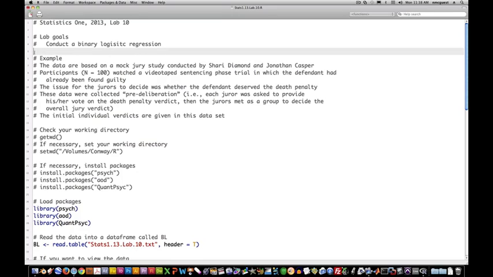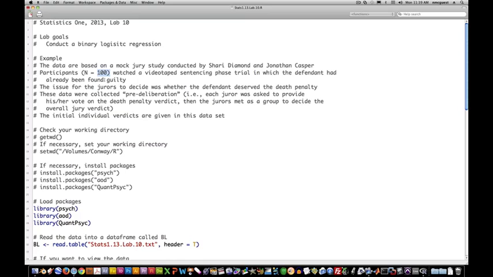The example we're going to deal with is based on some real research done by a former colleague of mine, Sherry Diamond, who is in Chicago, and she does work at the intersection of psychology and law. In this study, there were 100 participants who watched a videotaped sentencing phase trial in which the defendant had already been found guilty.